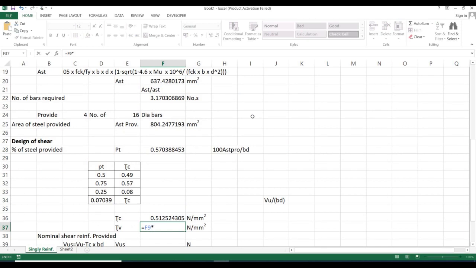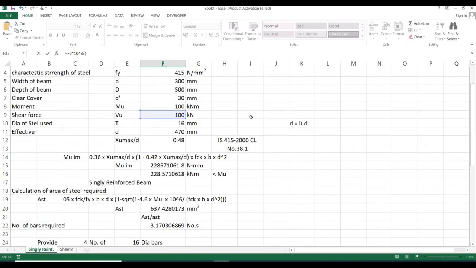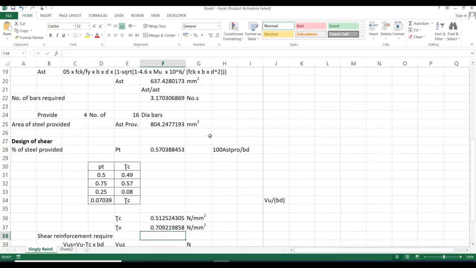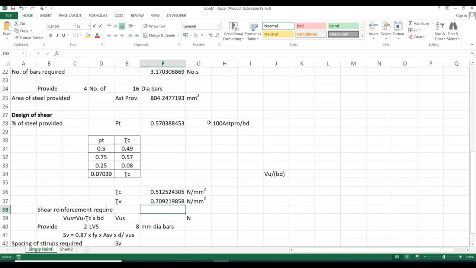Since it is kilonewton, I will convert it into Newton, times 10⁻³, divided by BD. So B is 300 into D is 470. So this is my tau v.